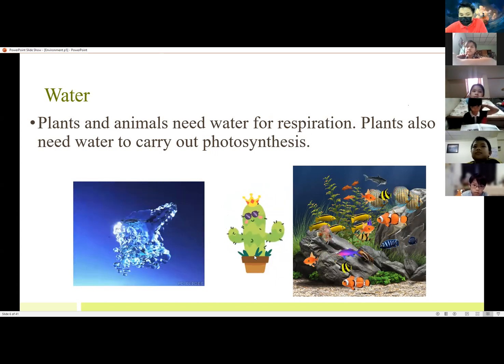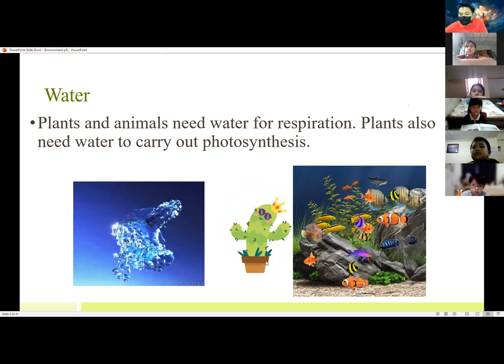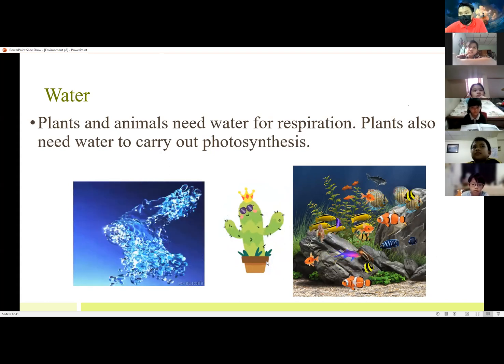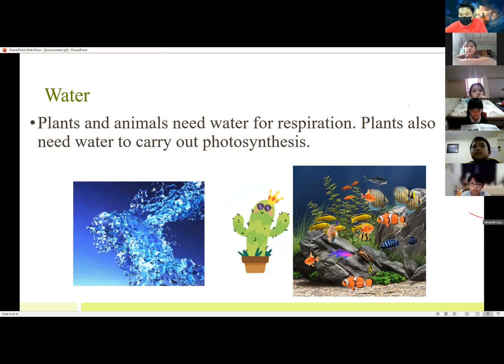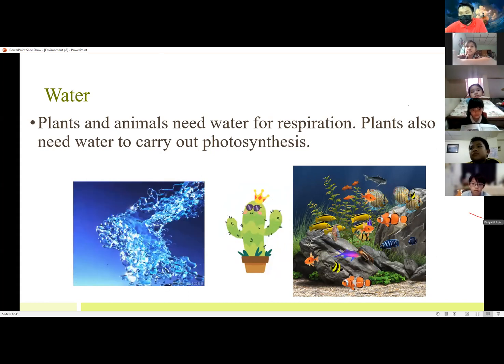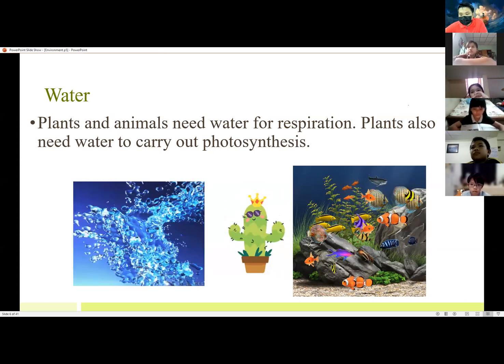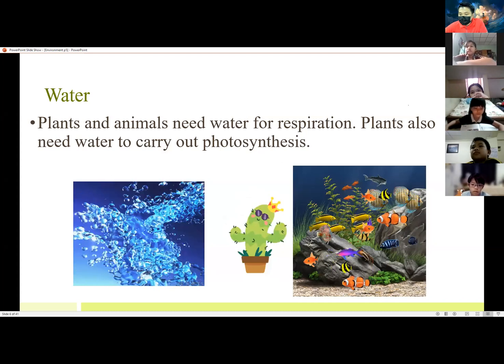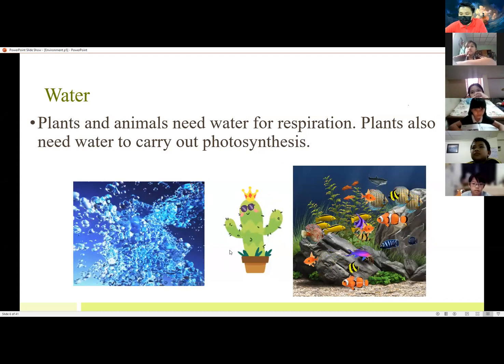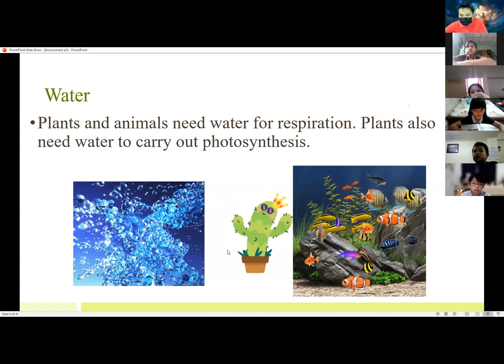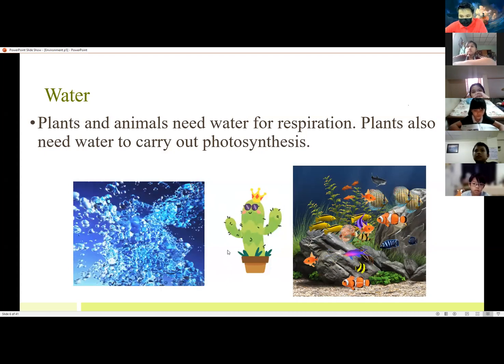But here, if you look at this cactus, a cactus can live even without water for a very, very long time. Do you know why? Do you have any idea?